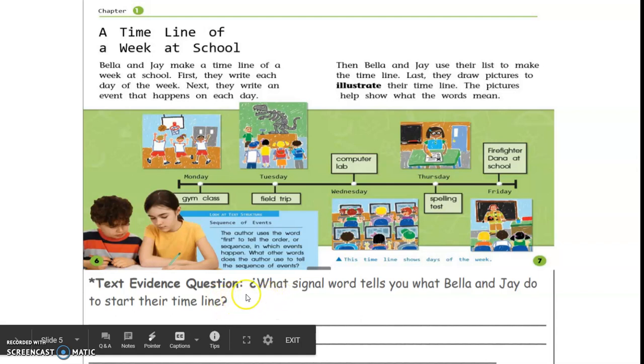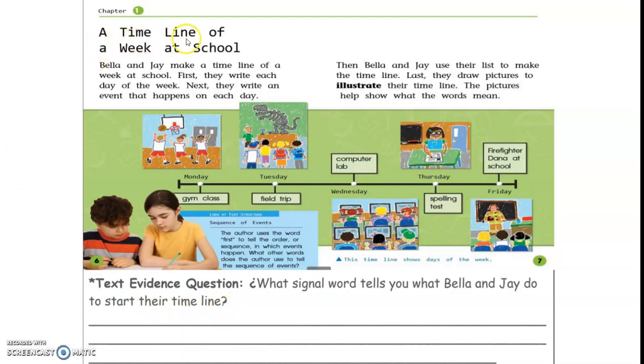This question says, what signal word tells you what Bella and Jay do to start their timeline? Oh, that's one of those sequencing words. A timeline of a week at school. Bella and Jay make a timeline of a week at school. First, they write each day of the week.